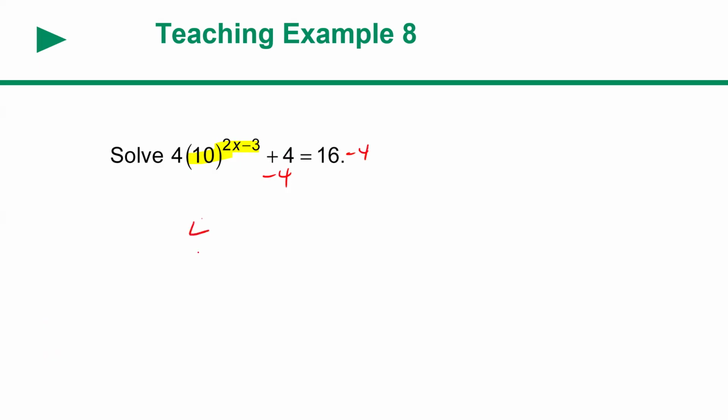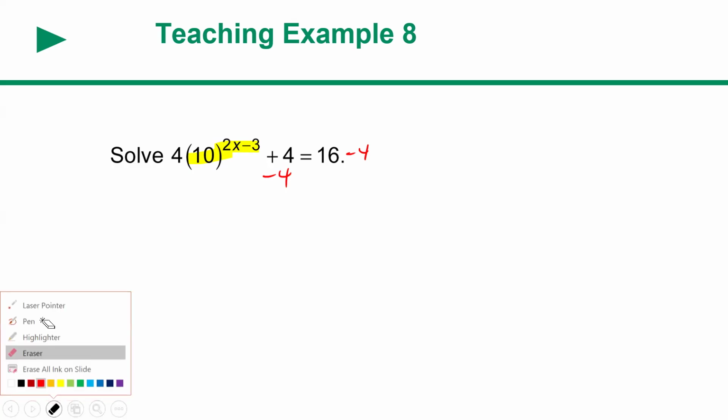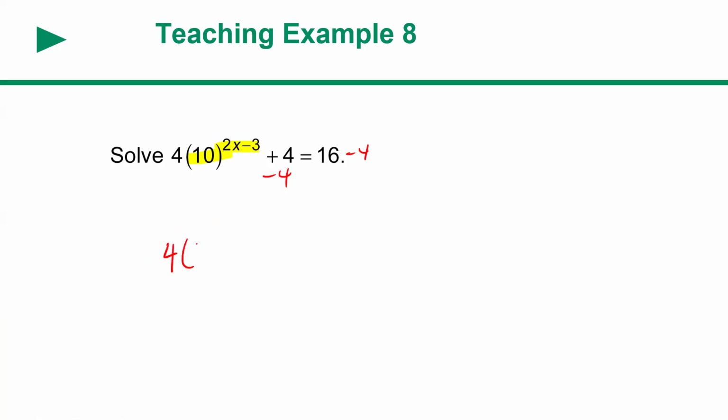When I subtract 4, I'm left with 4 times 10 to the 2x minus 3 equals 12. Now what do I do? Now I divide by 4. When I divide by 4, I'm now left with 10 to the 2x minus 3 equals 3.